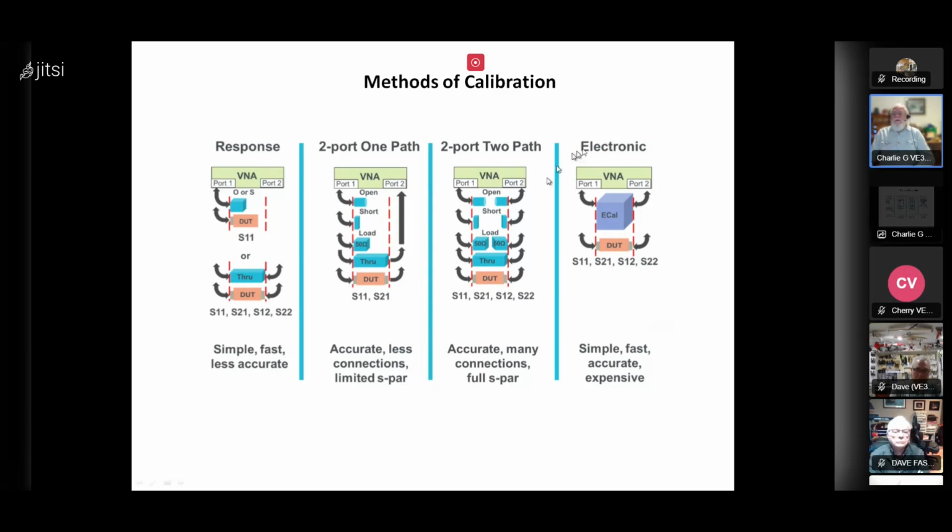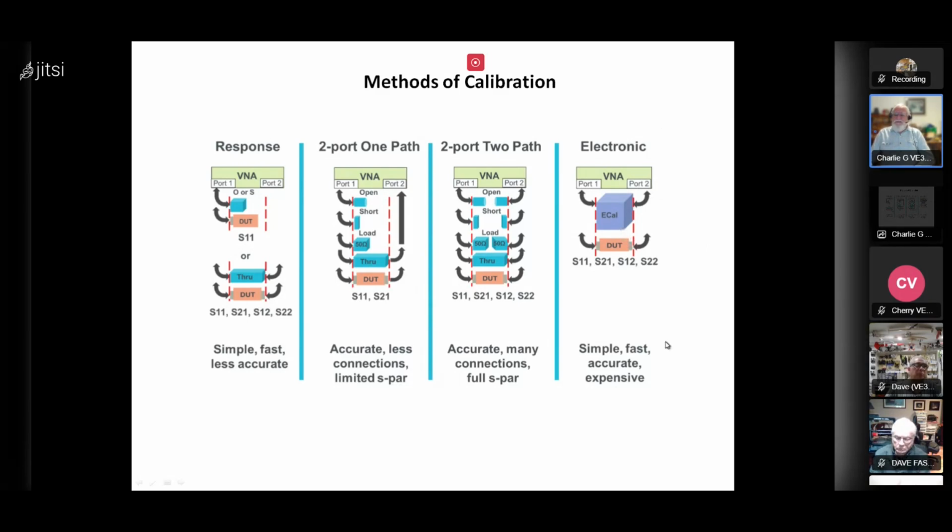And then the fourth type is an electronic one. Those fancy, expensive VNAs actually have an electronic calibration block that does this open, this short, the load, the through, and so on internally using relays or FETs to switch in the loads. So it does it very simple, very fast.